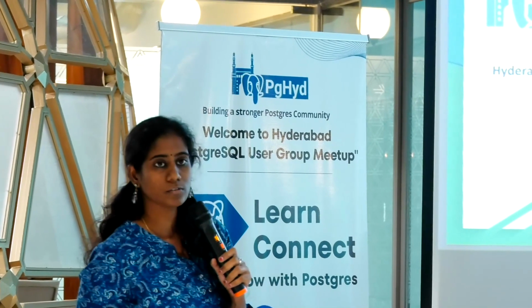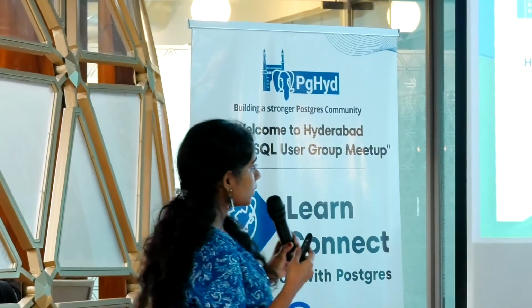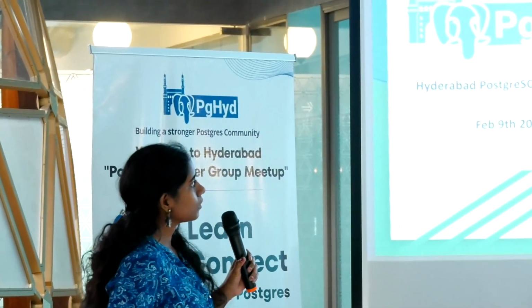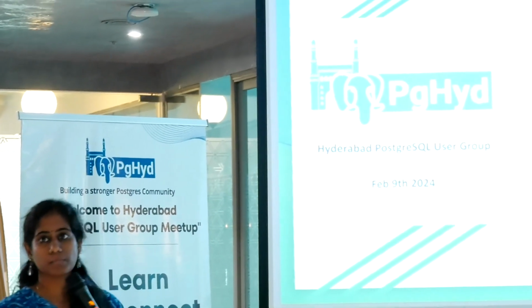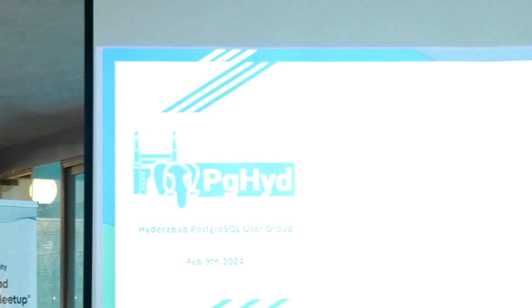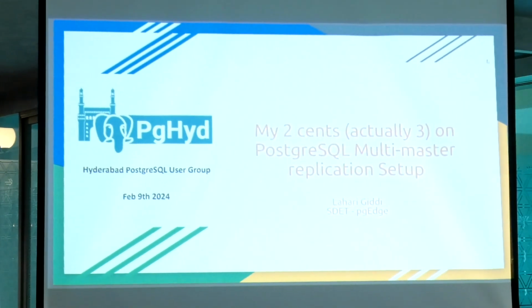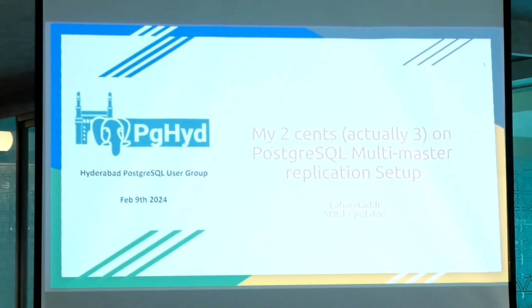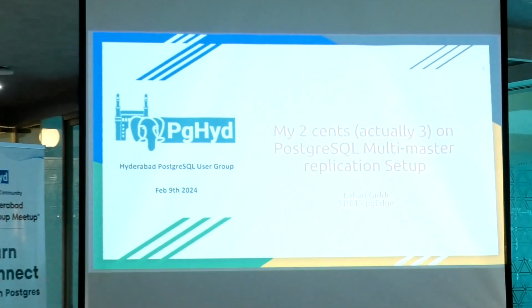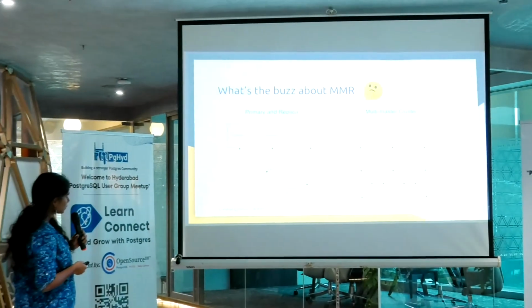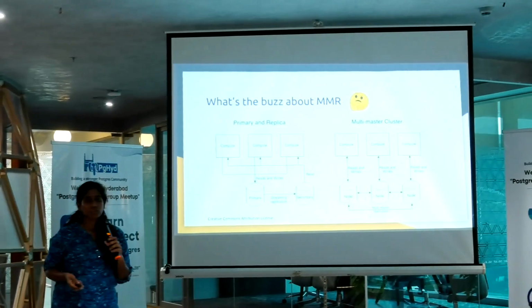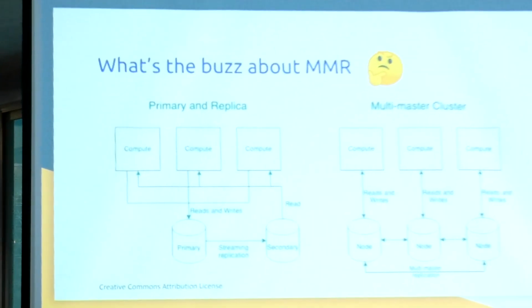My title is about setting up multi-master replication using 3 ways. I will clearly explain what those 3 ways are and how we can set up multi-master replication. We all know what multi-master replication is.